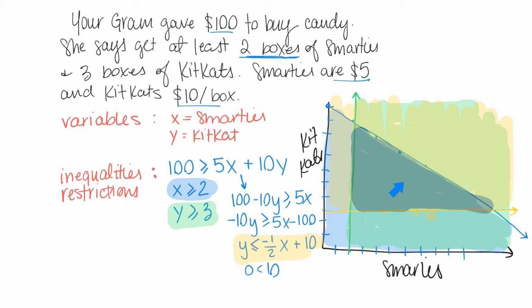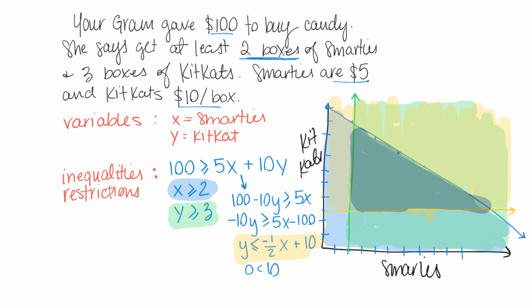So is she the kind of grandma that wants her change back? Because if she doesn't, maybe you should do that. Or if you really need a lot of candy, this is what you're going to do. So these corners are going to be our maximums. And then this corner is going to be our minimum. Max and mins always happen at the corners, but you can still choose anything in the middle.